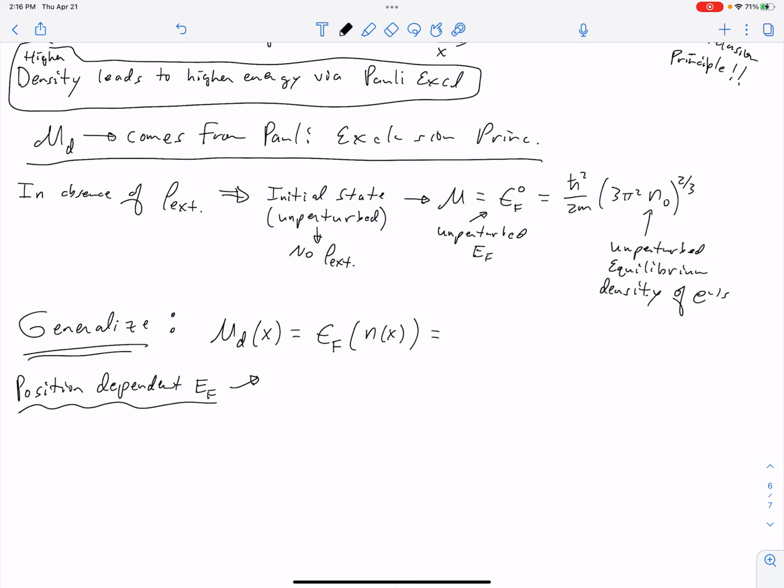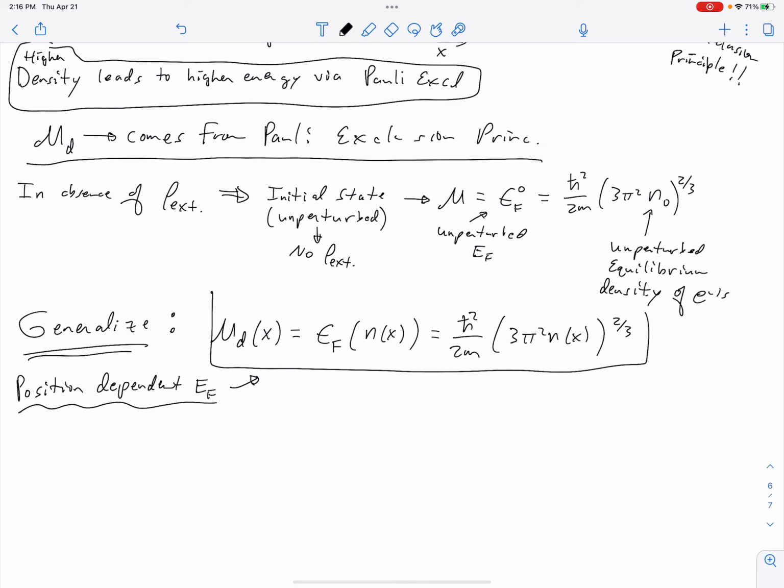And it's equal to h bar squared over 2m times (3 pi squared n of x) to the 2/3. And that is the big approximation that allows us to solve the problem. So this is the key approximation.